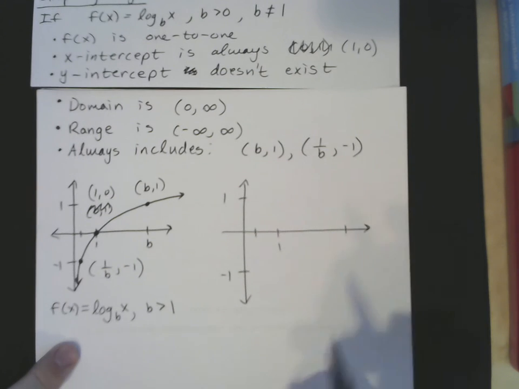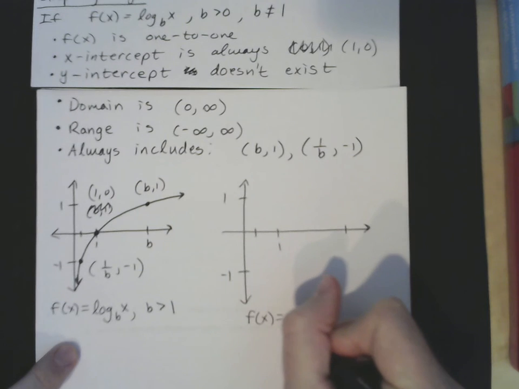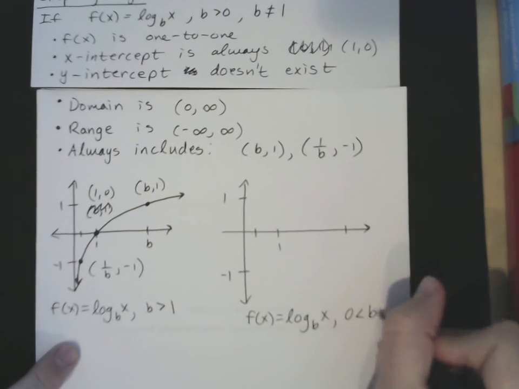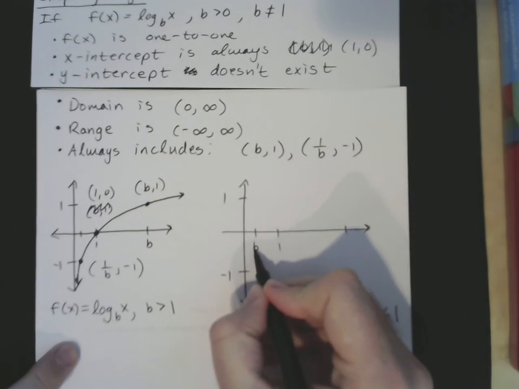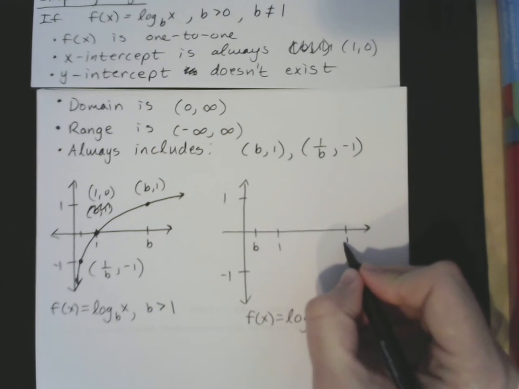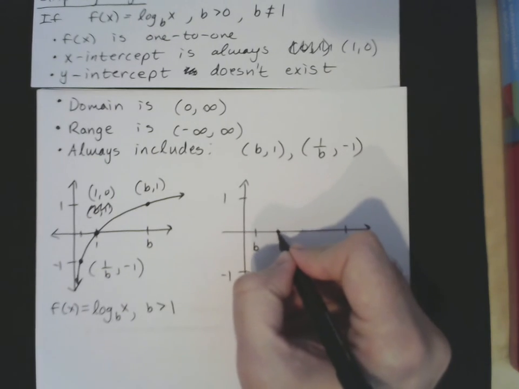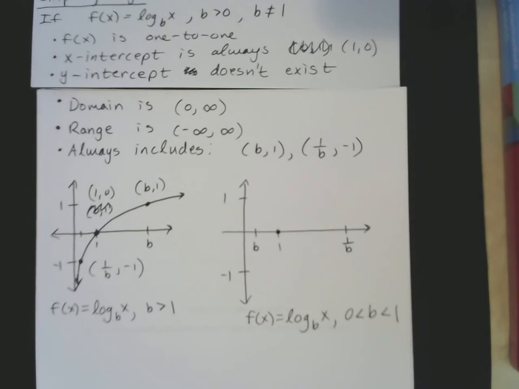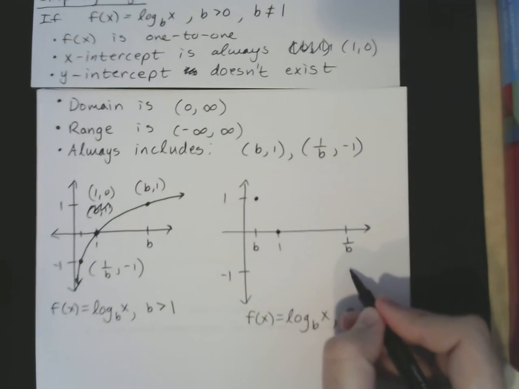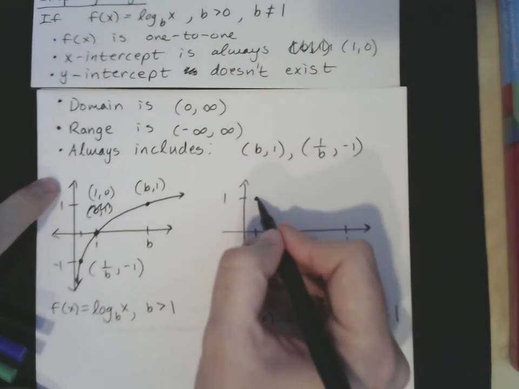It's the same, except now our b is going to be between 0 and 1, which means b is here, and this out here becomes 1 over b. So the points kind of flip-flop. We still have (1, 0), just like we did here. And now (b, 1) is here, and (1 over b, negative 1) is out here. And then our graph does this.